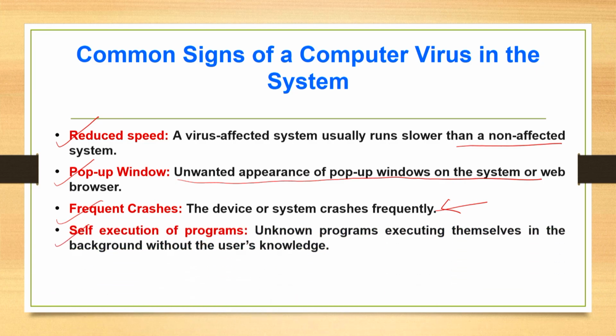Self execution of a program means unknown programs execute themselves in the background without the user's knowledge. You have not executed it, but it starts executing on its own, then it is also one of the signs that a virus is present in the system.